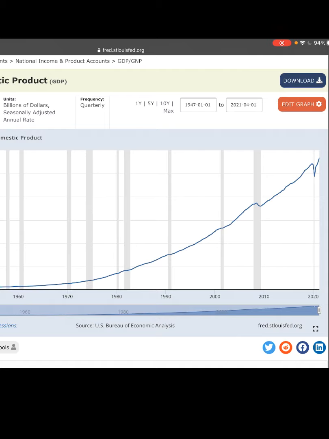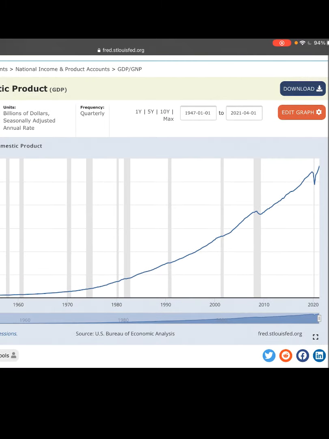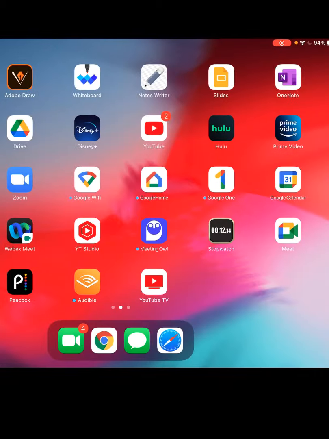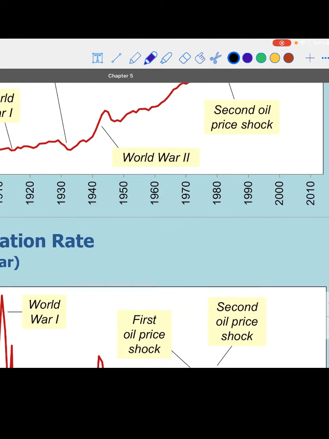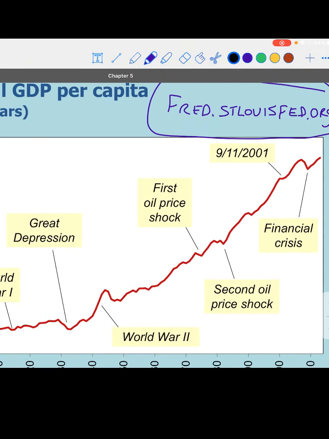And we can see here that in the second quarter of 2021 we have, for the most part, a $22 trillion economy. 22,722 billion 581 million. But what you can see in this, and you could see in the other chart as well, are fluctuations.